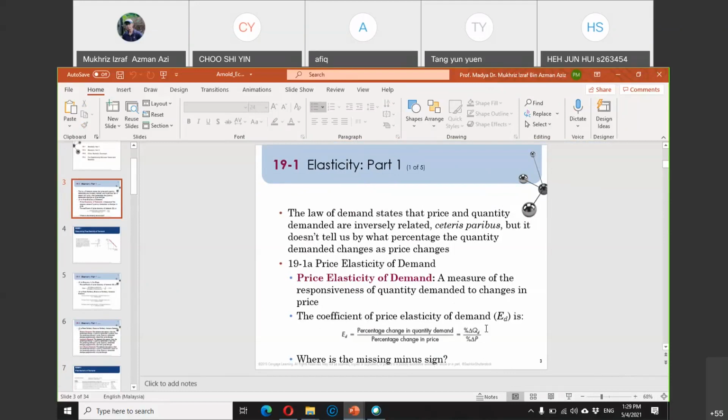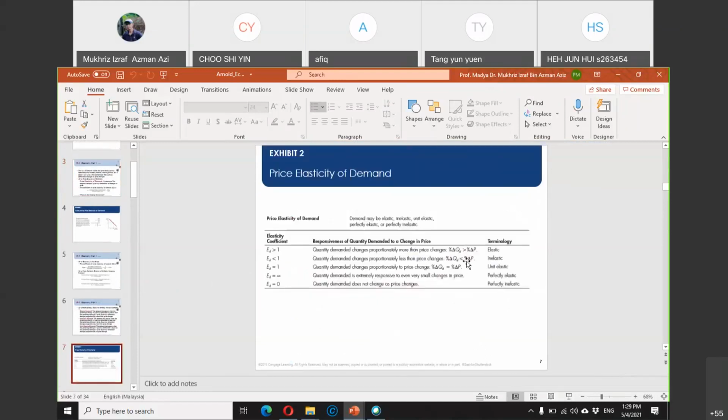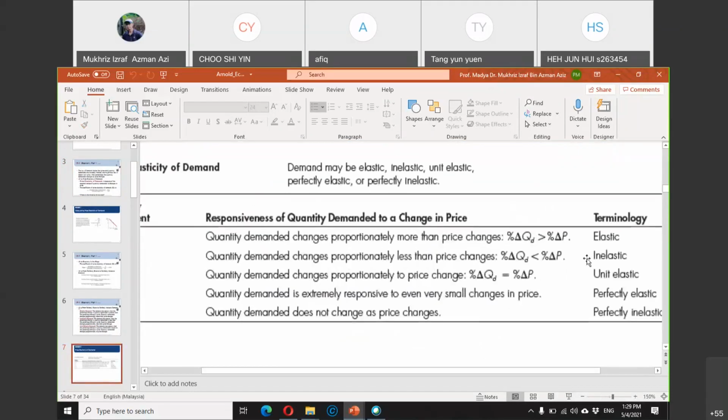If the numerator, percentage change in QD, is less than the percentage change in price, the denominator, you get a value less than 1, which is inelastic. If the numerator and the denominator are exactly the same, you get unit elastic.